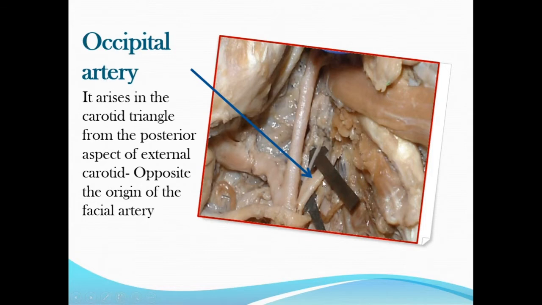This is the posterior branch of external carotid artery, exactly opposite to the origin of the facial artery. So this is the facial artery and this is the occipital artery.